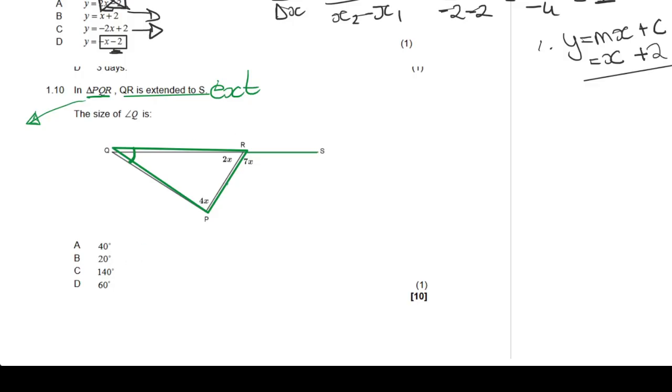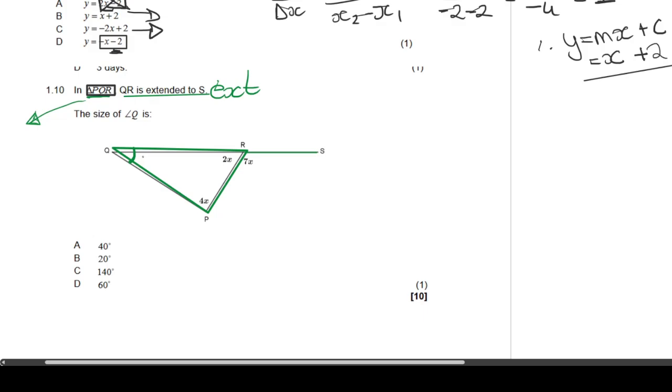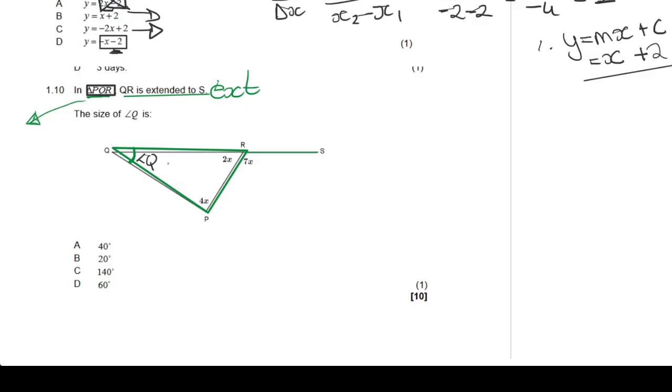How do we do this? Well, let's first work with what they gave us. So they gave us a triangle PQR, and they want this one. Let's call this angle Q. One of the things of a triangle is that all the angles add up to 180, right?